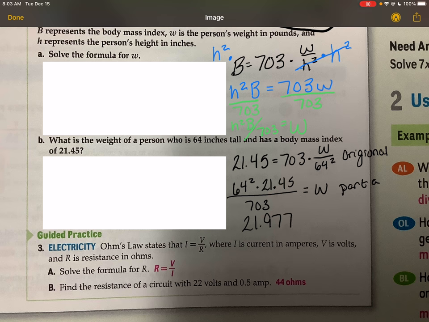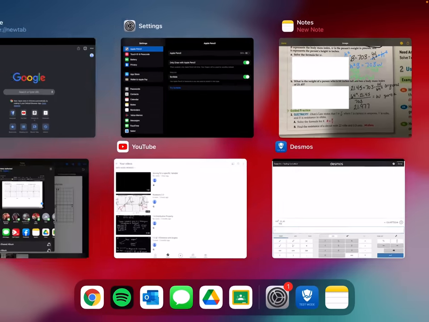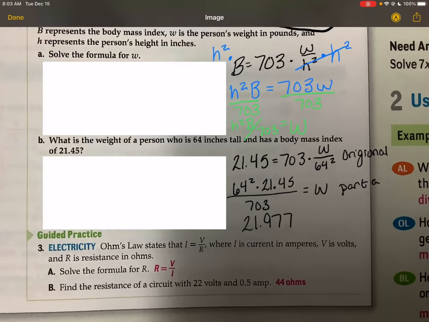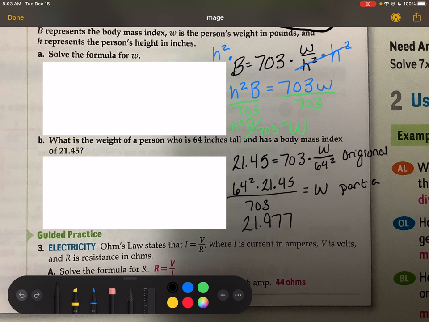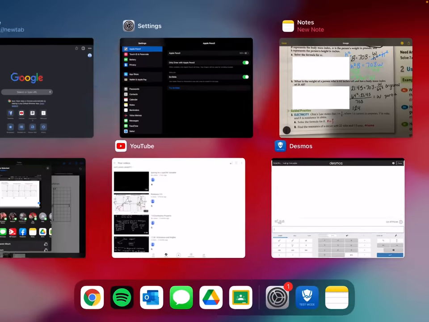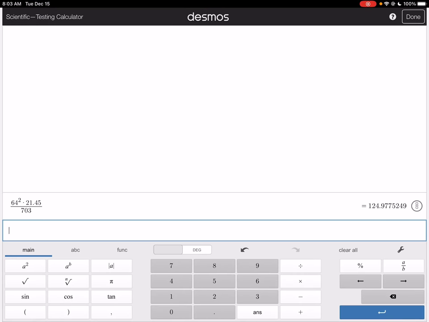It doesn't seem right, 21.977. I was going to say, I don't think somebody weighs 21 pounds. Let me get that in here: 124.977.